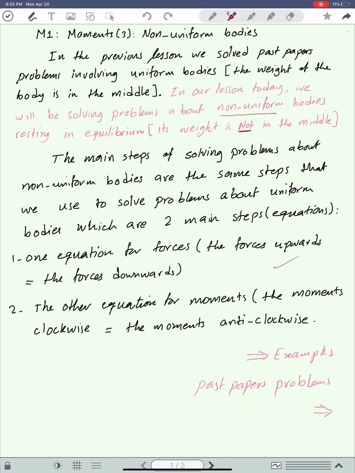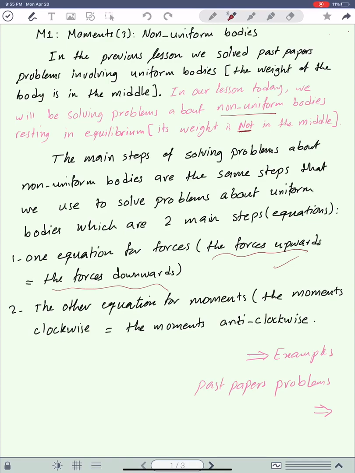The main steps, which are two steps that I explained to you on the first page here, will not be different. We'll be constructing two equations. First equation, the forces upwards equal the forces downwards. The sum of forces is 0 in the system.